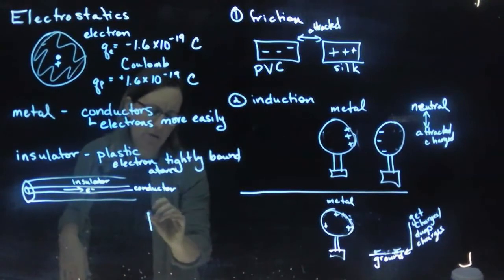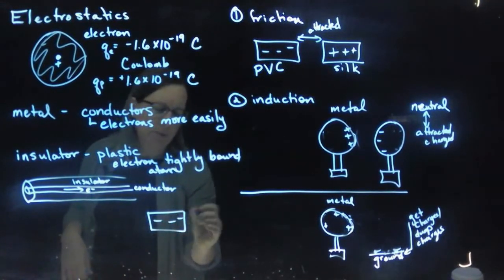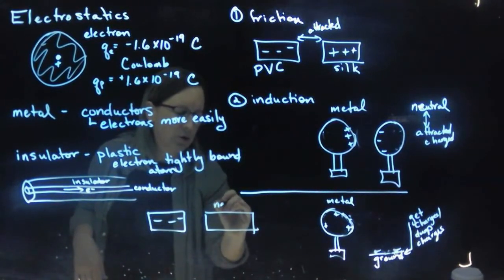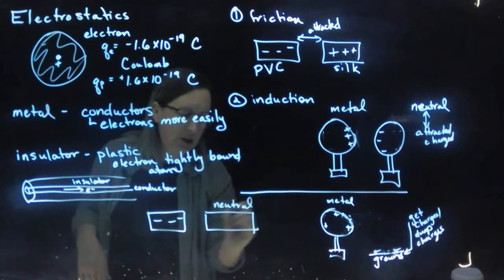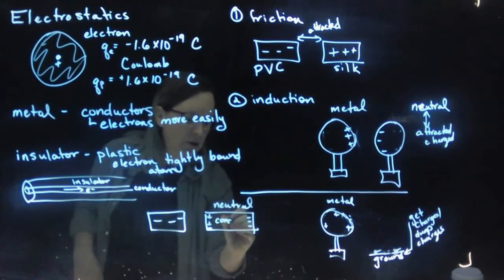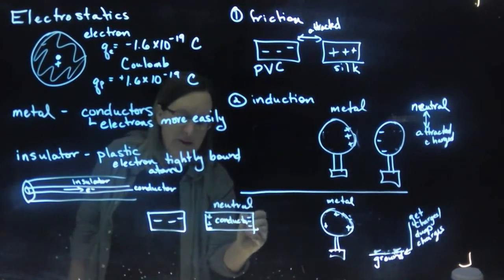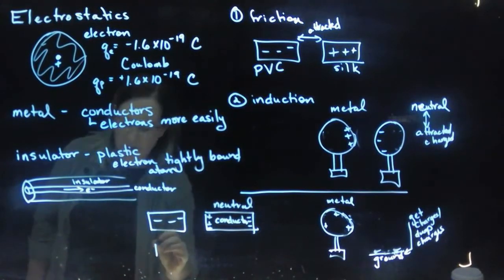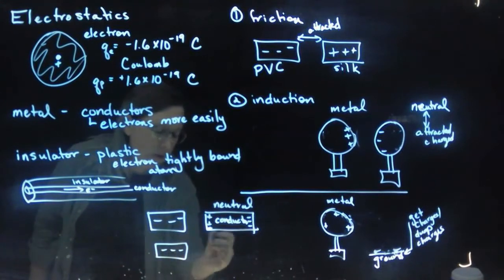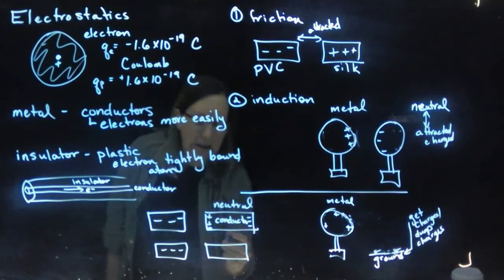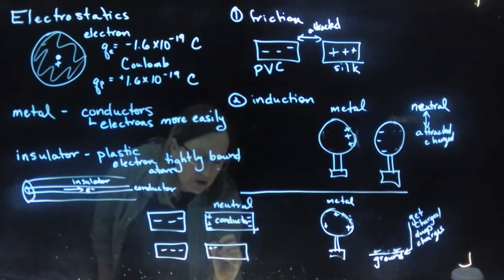So again, if I have my PVC here, even if I have something that's neutral, if it's a conductor, then we get charge separation. If it's an insulator though, even though the electrons can't leave, we get sort of a shift.